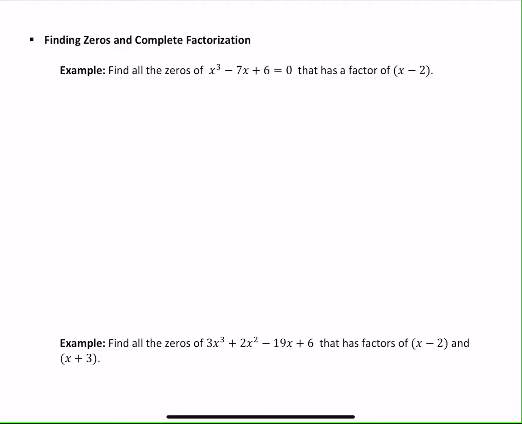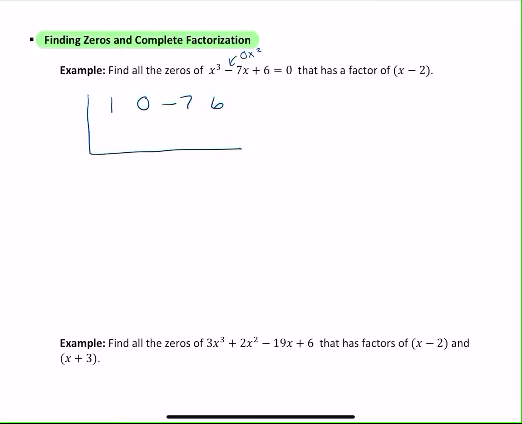Okay, moving on, we're going to be finding zeros and the complete factorization. This is still synthetic division. So here we've got x cubed minus 7x plus 6. Notice we're missing an x squared, so we're going to put a 0x squared placeholder in there. So when I bring down my coefficients, I'm going to have a 1, 0, negative 7, and a 6.